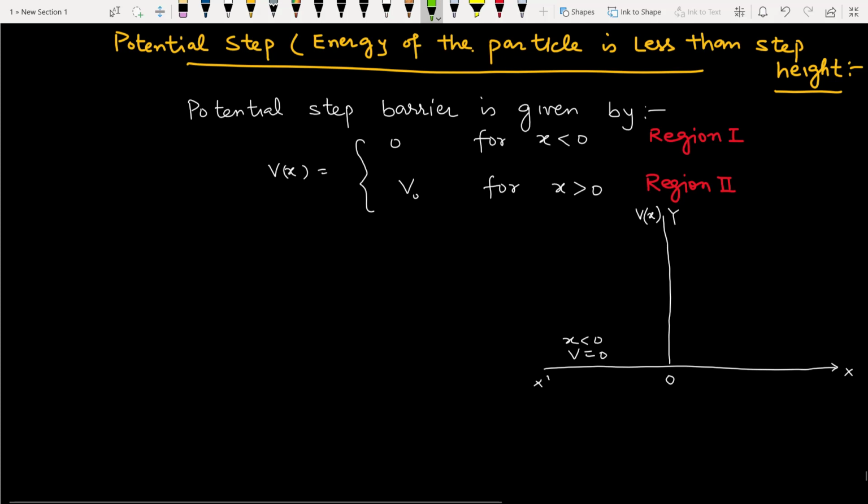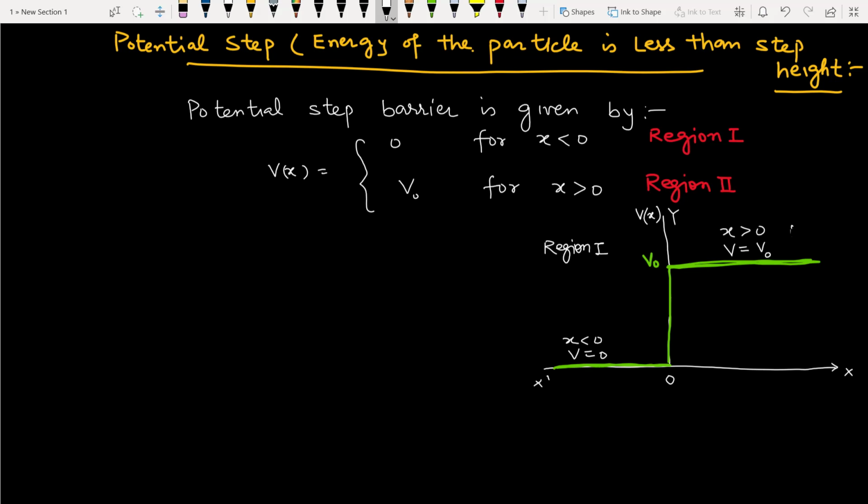So potential will be shown by this green line, and at x equal to 0 the value of potential is V0, and for x greater than 0 also. So this is the region x greater than 0. Here potential is equal to V0. So this is termed as region 1 and this is termed as region 2.